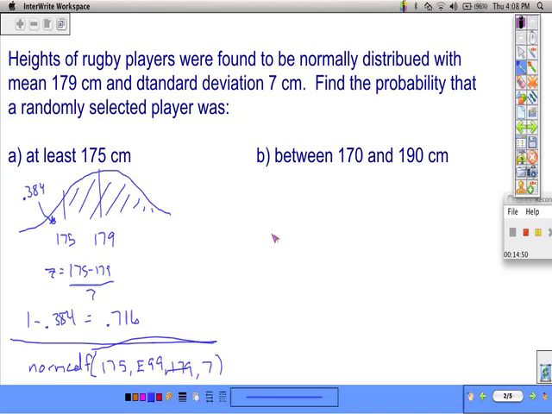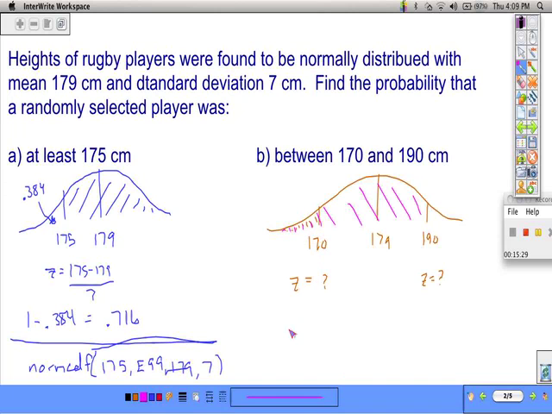For B, label the mean, put my data values on, and I'm going to change them to z-scores. So you should do that and look up the z-scores, and we're going to get two probabilities. When we look up the first z-score, it's going to give us that tail. When we look up the second z-score, it's going to give us from 190 all the way to the end.